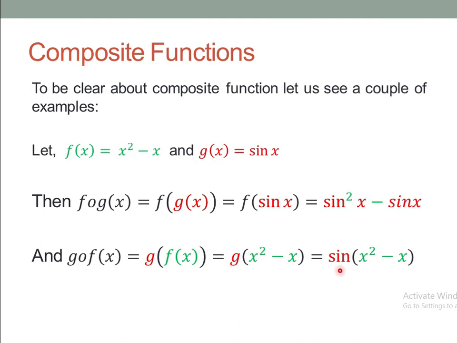G is nothing but sin x, therefore g will convert into sine and the input will be x square minus x. Therefore g of f of x is equal to sine of x square minus x. This is a composite function brought out by f of x and g of x, where f of x is the input. So this is all about composite functions.